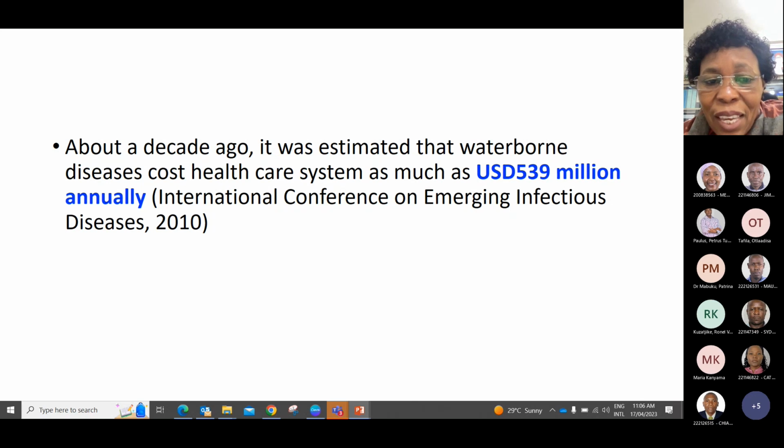That statistic came from an international conference on emerging infectious diseases. Imagine waterborne diseases. Millions of dollars, in our currency, I don't know how much that will be, maybe billions, spent on diseases that could have otherwise been prevented.